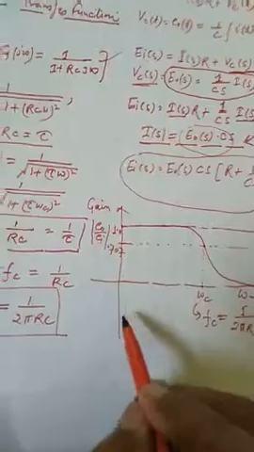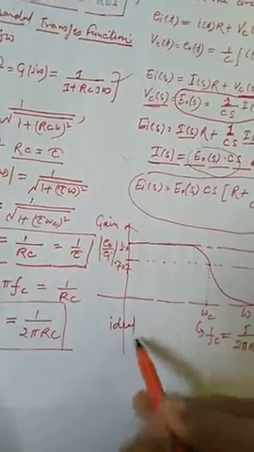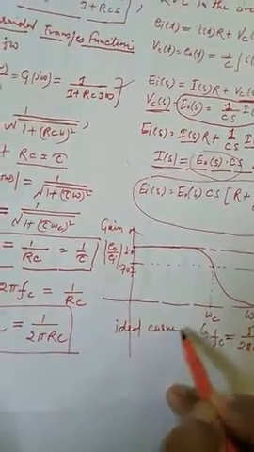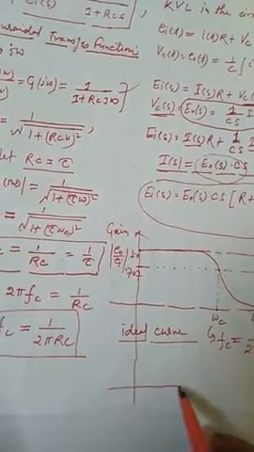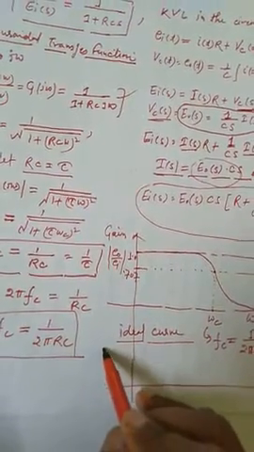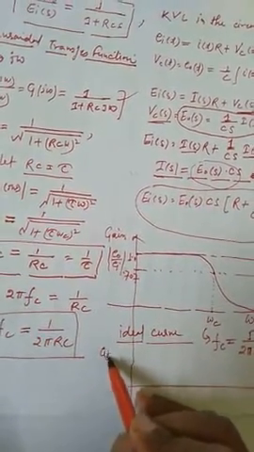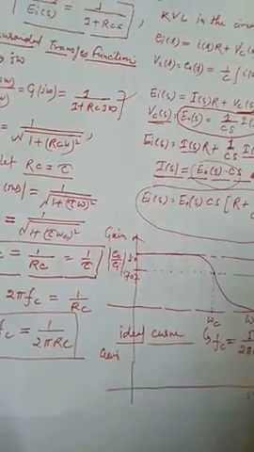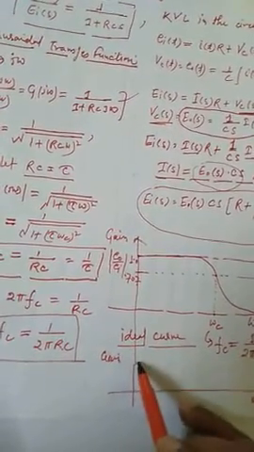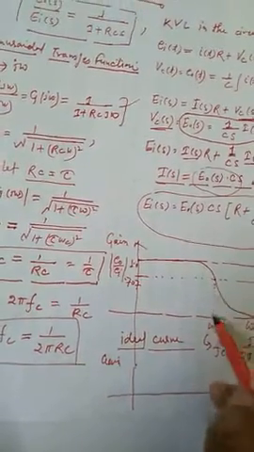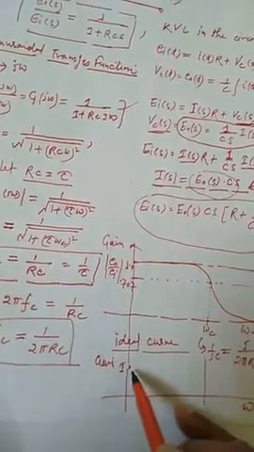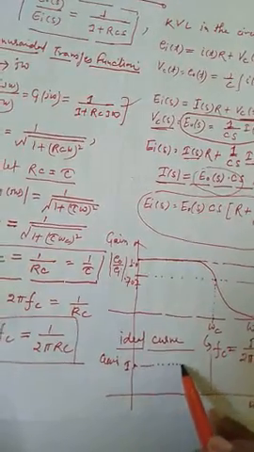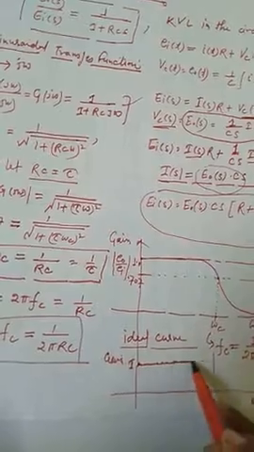When you talk about the ideal response of a low pass filter, generally it is in the form of this. If this is the gain, and this is the cutoff frequency, then the desired response will be like this.